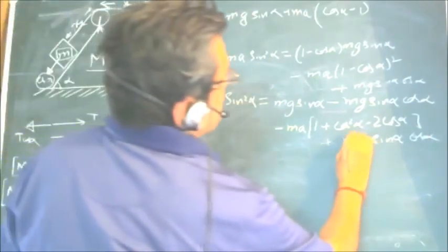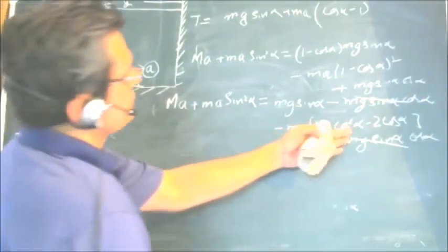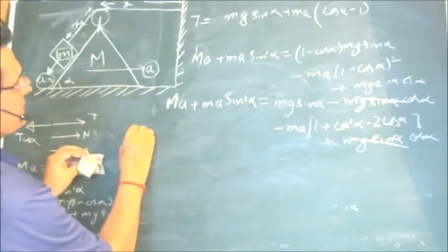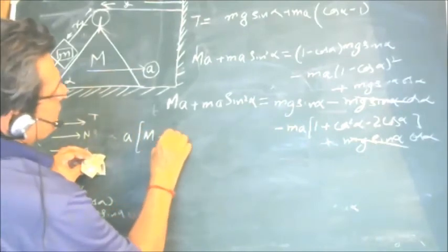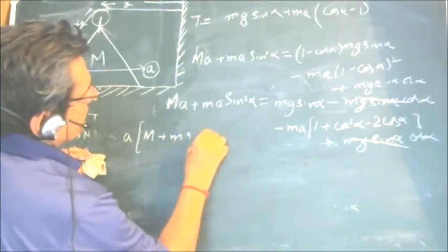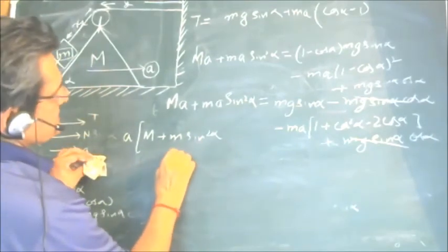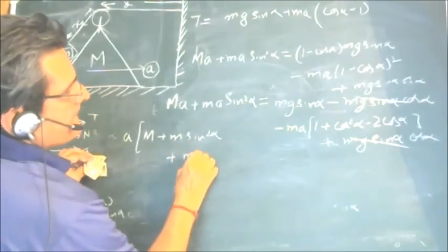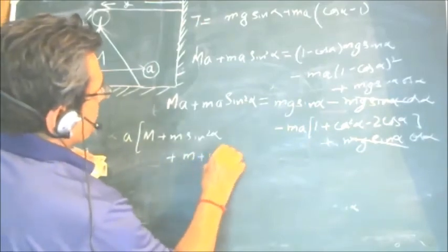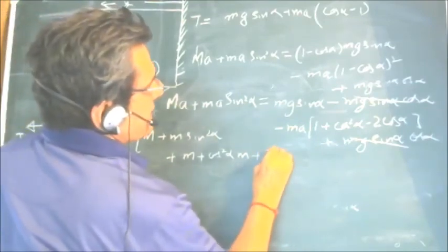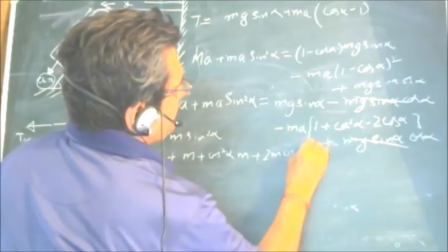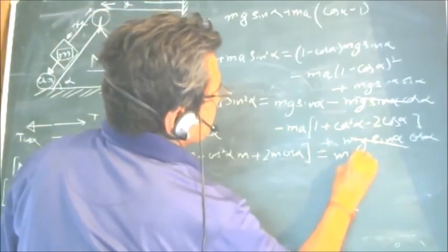Now this gets cancelled, and this cos square alpha, the other things will come on this side, so we get capital M plus small m sine square alpha plus m cos square alpha plus twice m cos alpha, times a, is equal to mg sine alpha.